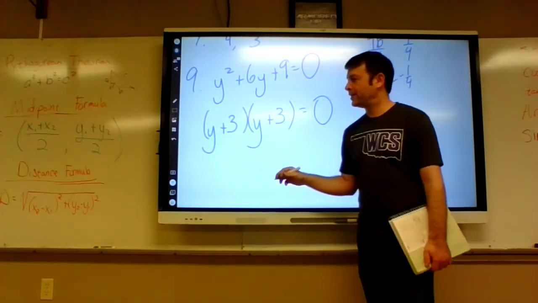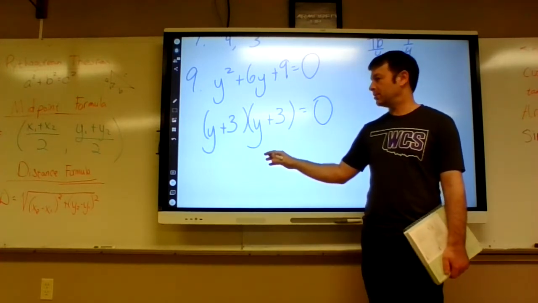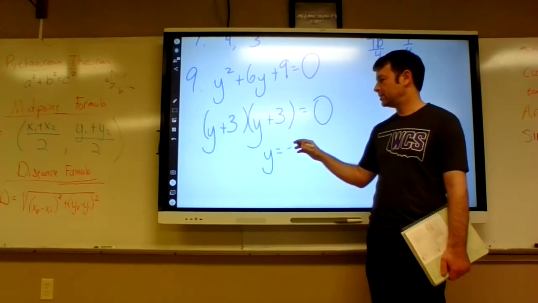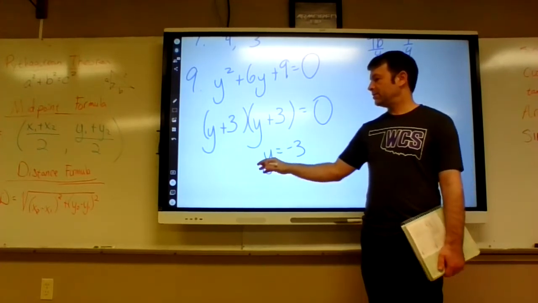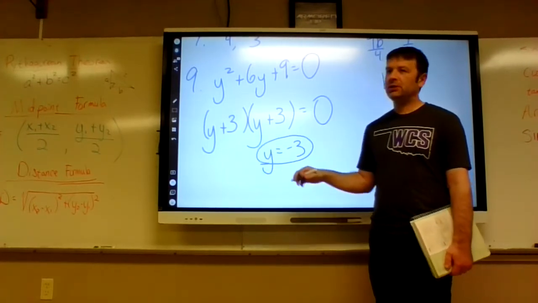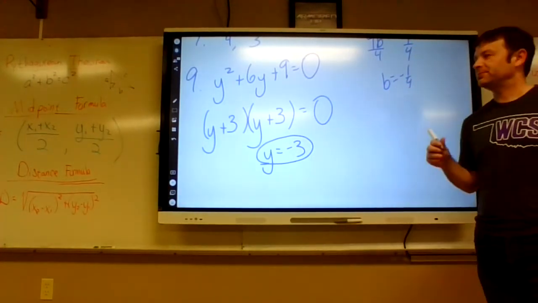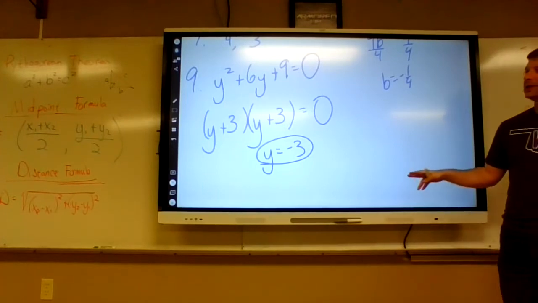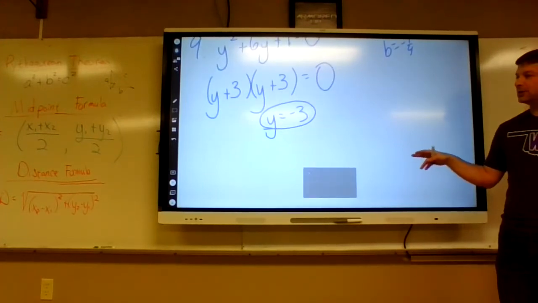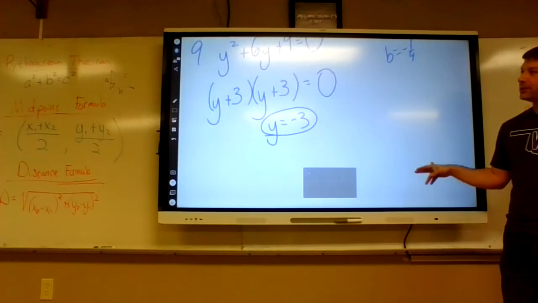So what y values would make these factors 0? Negative 3. This is called a double root, which means like a double answer. You don't really need to know that yet, actually. Just, there's only one answer in number 9.